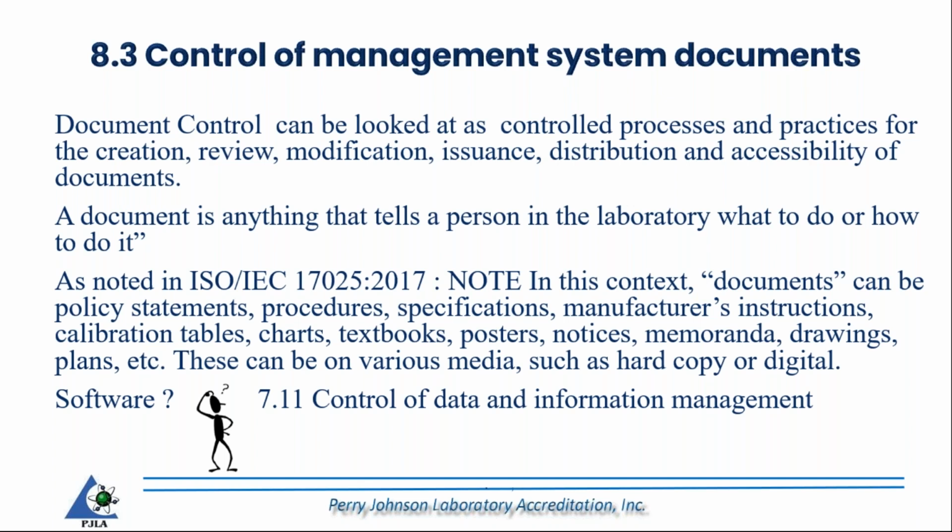So what are we referring to when we refer to documents as opposed to records? A document is anything that tells a person in your laboratory or organization what to do or how to do it.